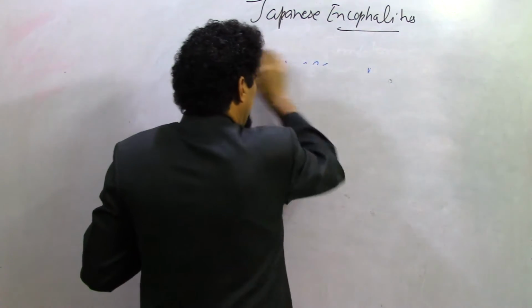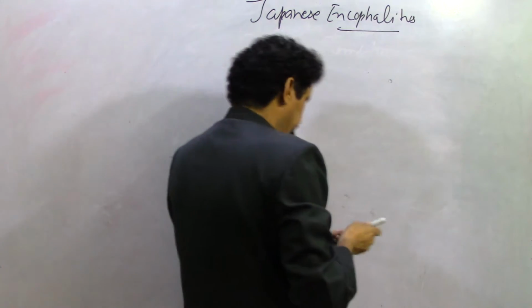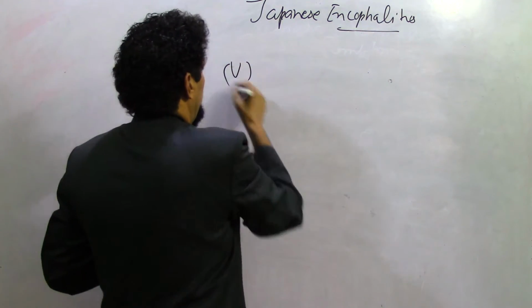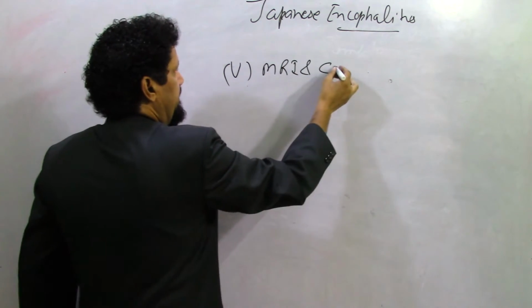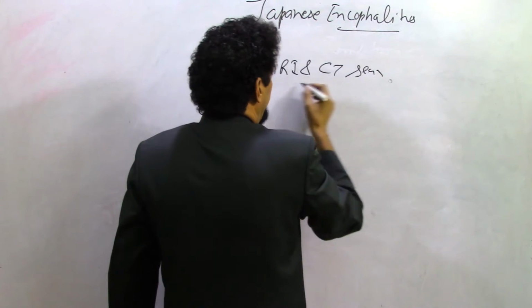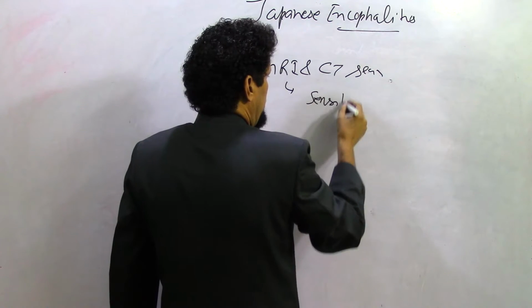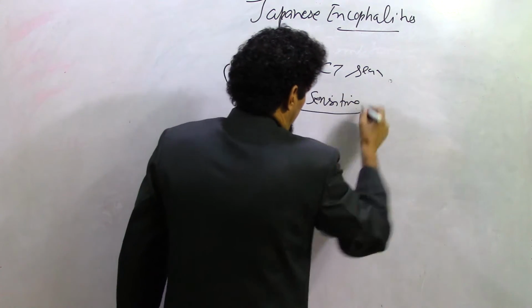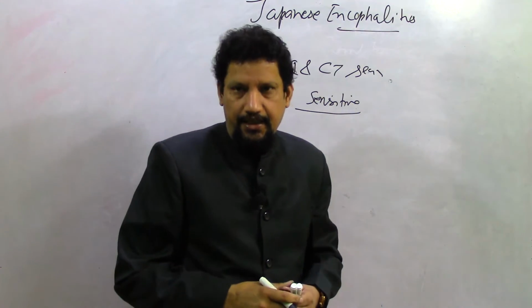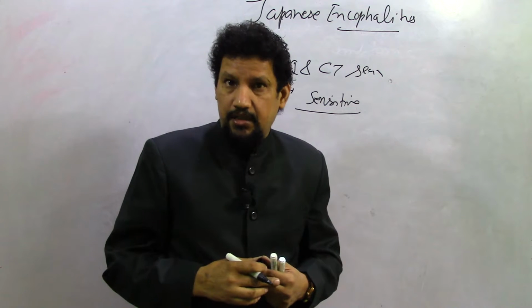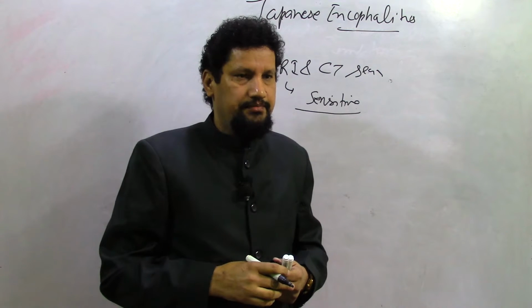The MRI and CT scan of the brain. The MRI is very sensitive. There are changes in density in thalamus, subthalamus, hypothalamus, metathalamus and the epithalamus.